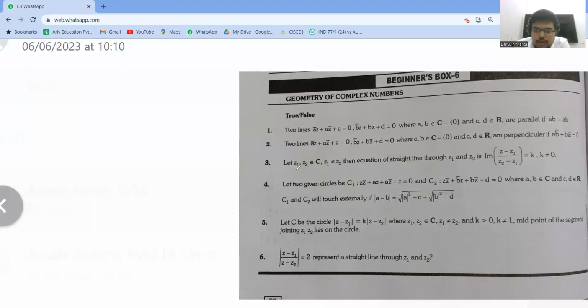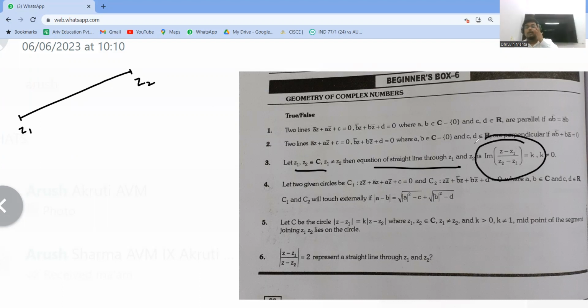So the third one, Arush: Z1, Z2 are two complex numbers. Then the straight line through Z1 and Z2 is such a straight line, and they are saying that the equation of that will be: imaginary part of Z minus Z1 upon Z2 minus Z1 equal to K. So see, first of all, Z represents any random point on this line.